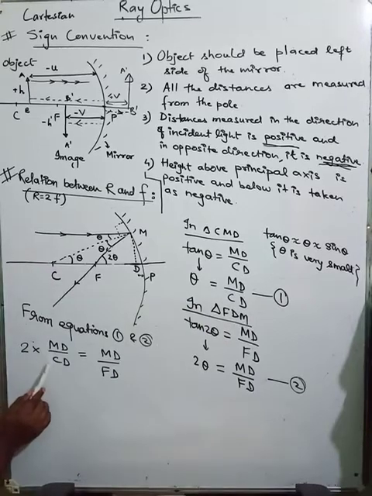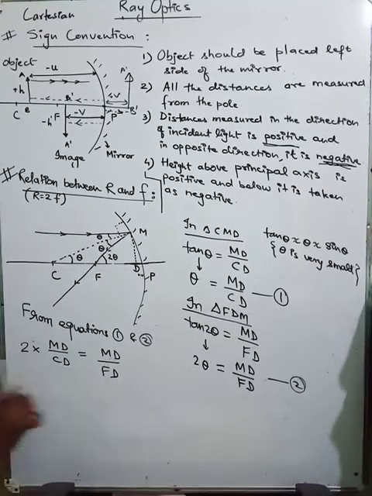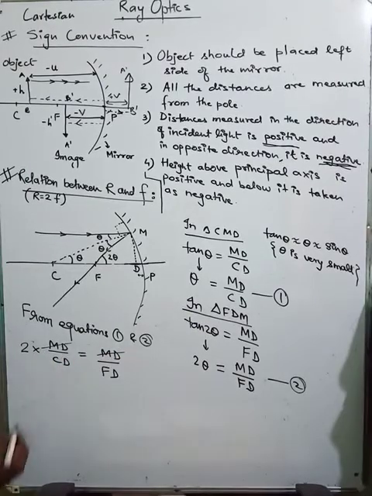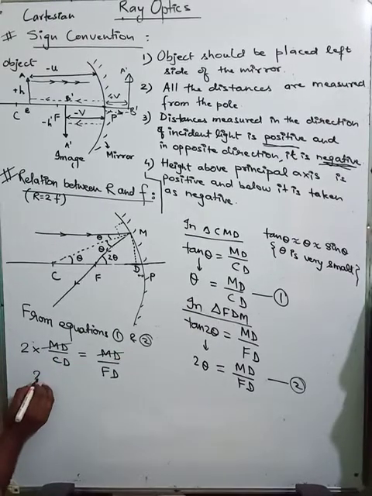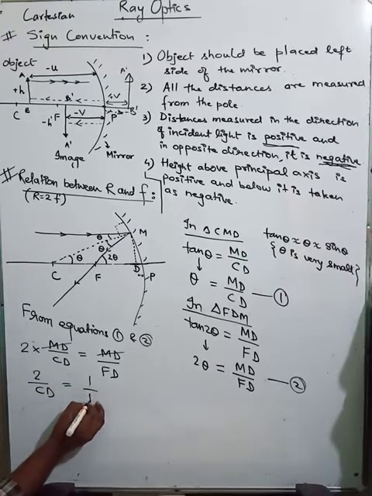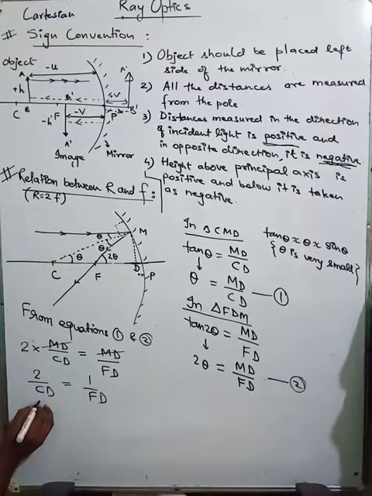So the left side is 2 into MD upon CD, and on the right side, the same, MD upon FD. Now from both sides MD and MD cancel. So 2 upon CD is equal to 1 upon FD.